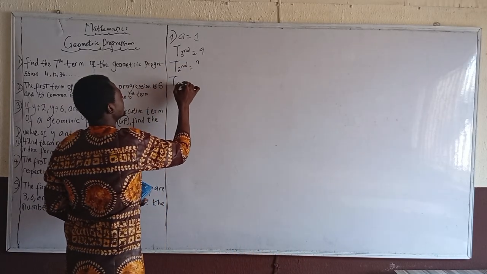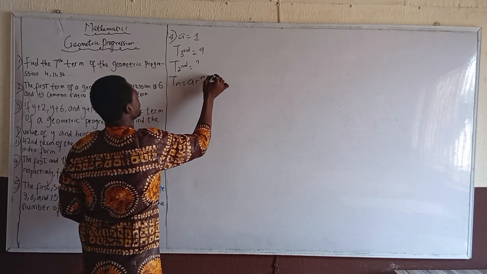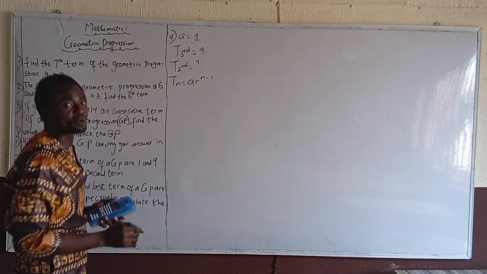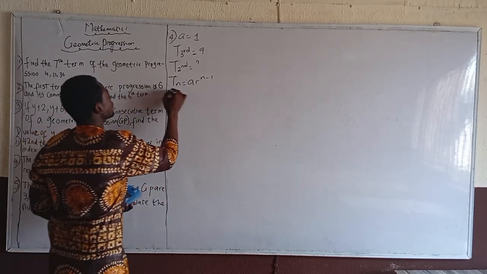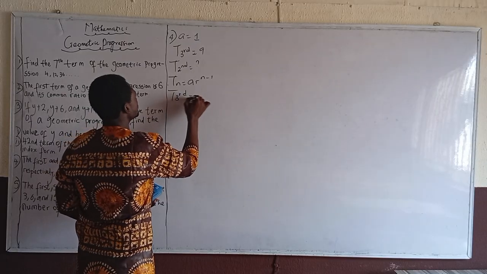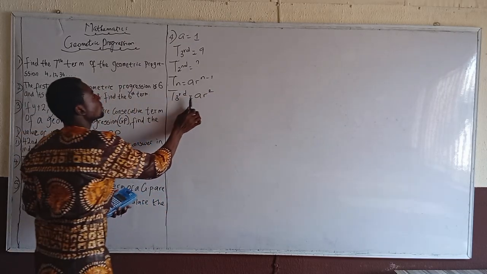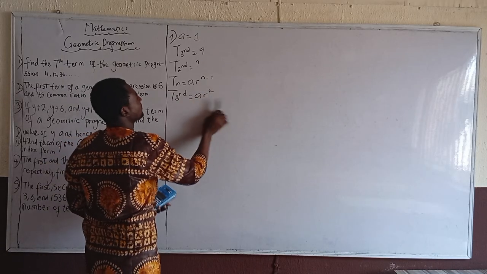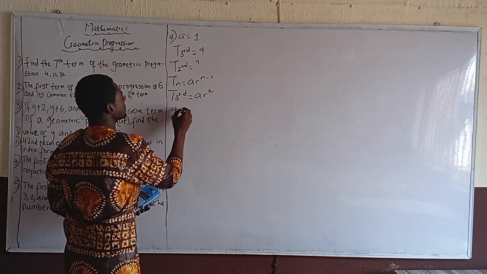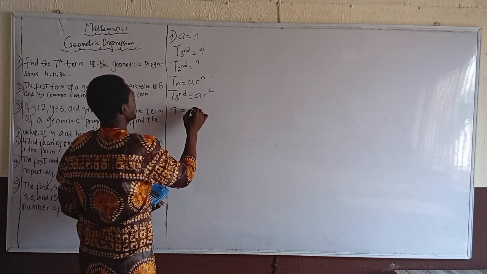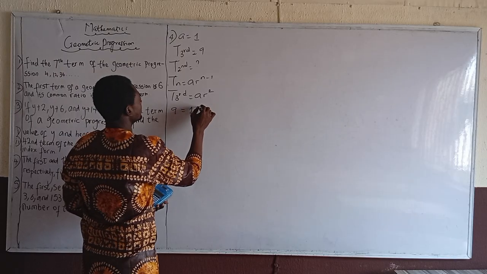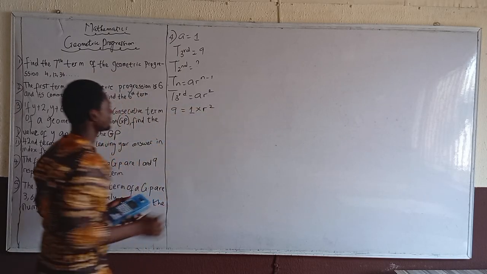My Tn is AR raised to n minus 1. Now, I don't have R, so I will use T3 to get my R, because T3 will be AR raised to 3 minus 1. T3 is 9. A is 1 times R squared.